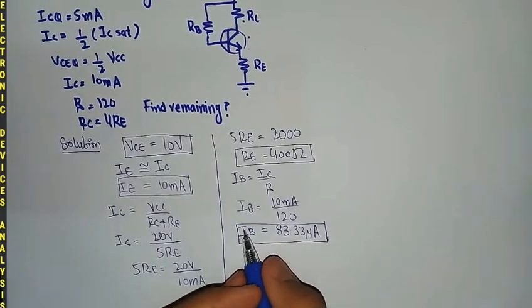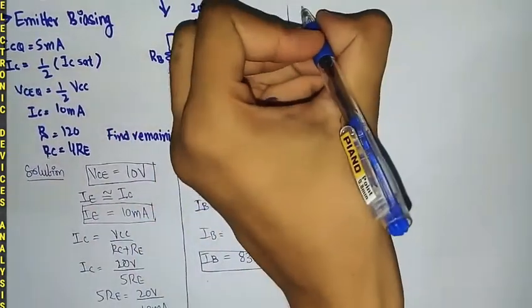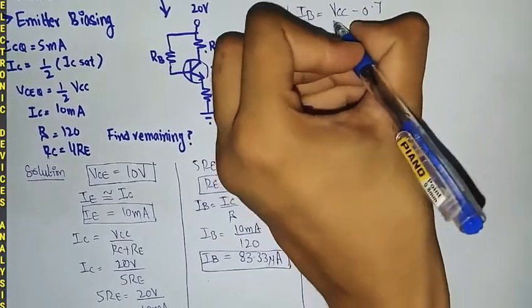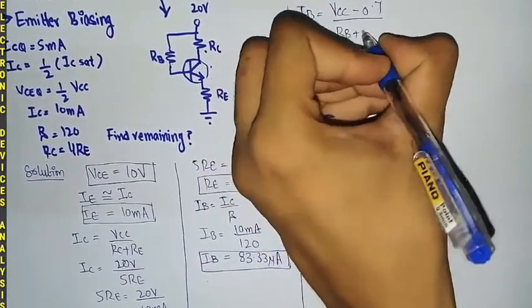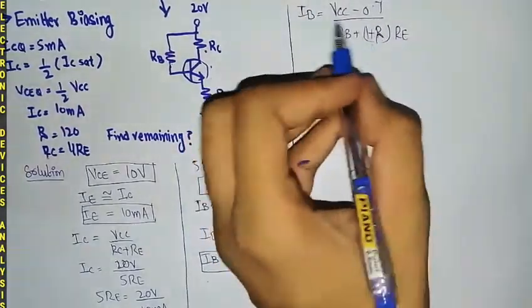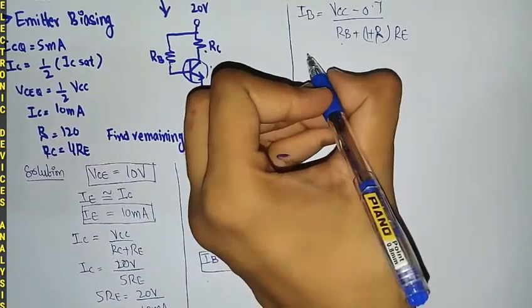From the base current you can find the value of base resistance, that IB will be equal to VCC minus 0.7 volts over RB plus (1 plus beta) times RE. And here all of the parameters are known except RB. So what will happen?